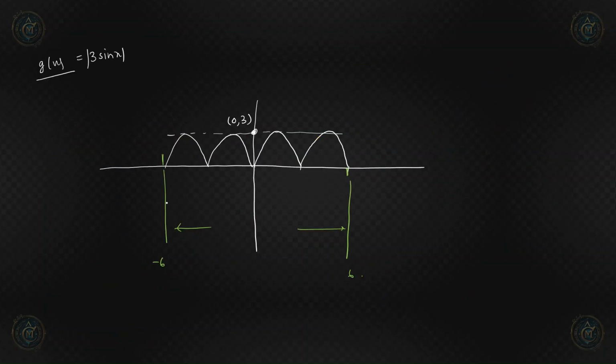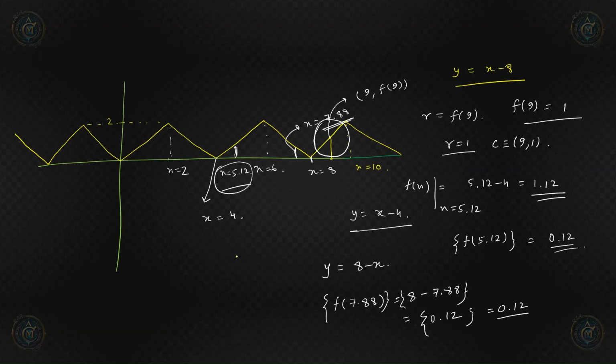So this is the point x equal to minus 6, so this will be minus 2π, so we have to take this point somewhere here. Let's say here. Okay, this is x equal to minus 6, this is x equal to 6. So then we superpose the graph of f(x) on this graph.